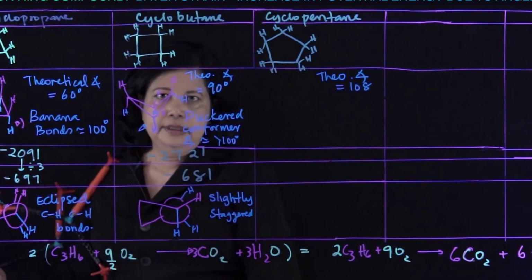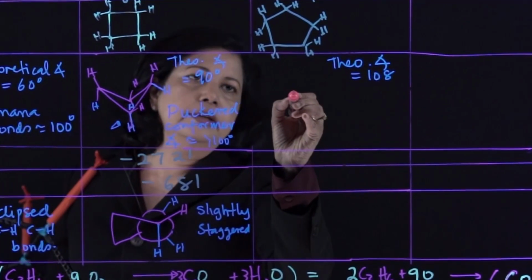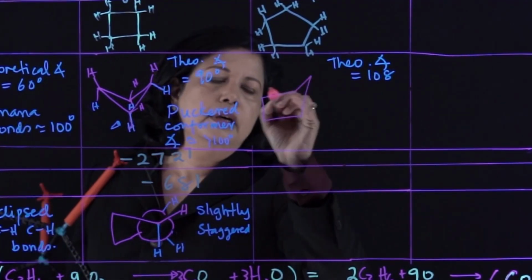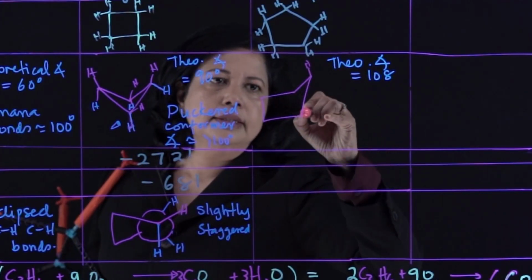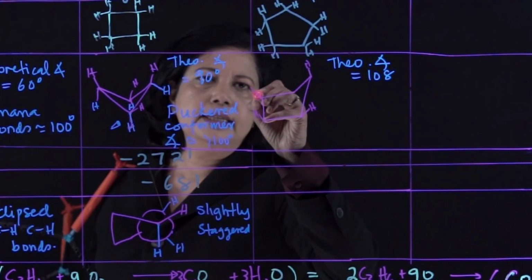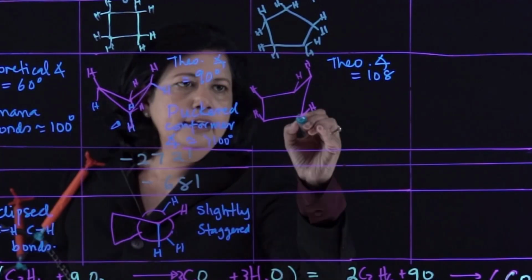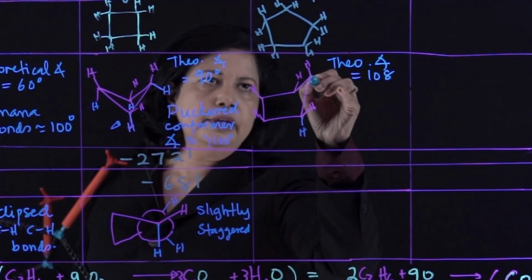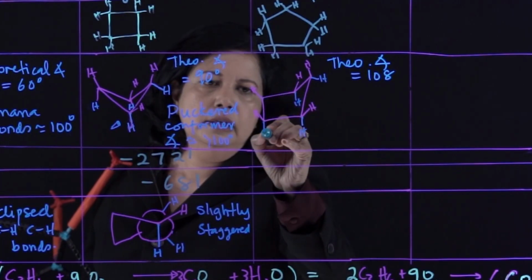But it's not going to be happy because of all of the eclipsing, so it's just going to bend out of the way. And so here it is. You can see that these are going to take turns going up and down, and you would have some degree of relief from that terrible torsion.